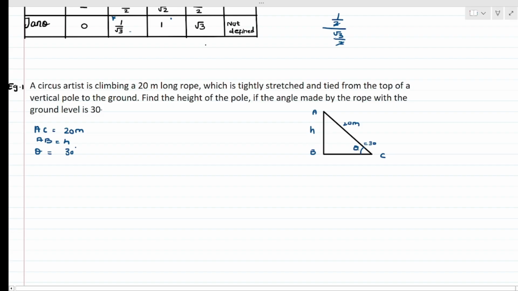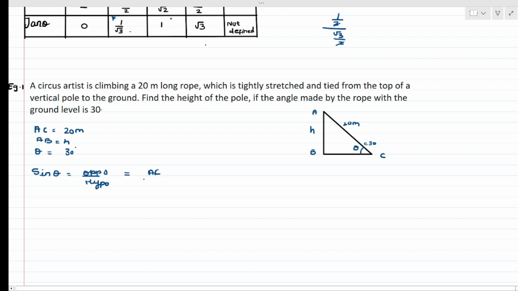Which formula should I apply? I have my hypotenuse. So if I take sine theta, it will be equal to opposite upon hypotenuse. I have my hypotenuse, which is 20. Opposite means my height AB.